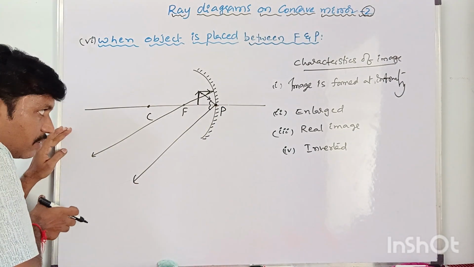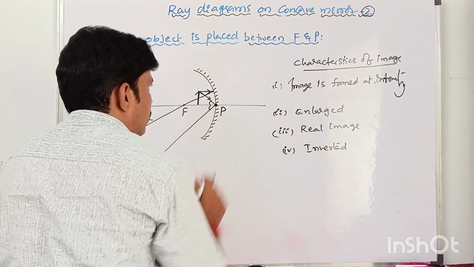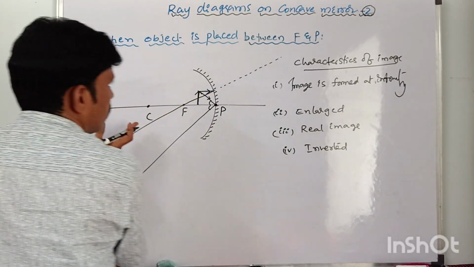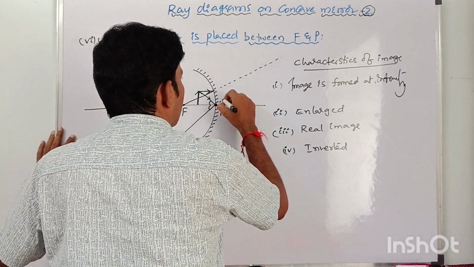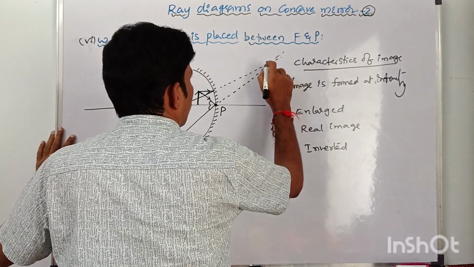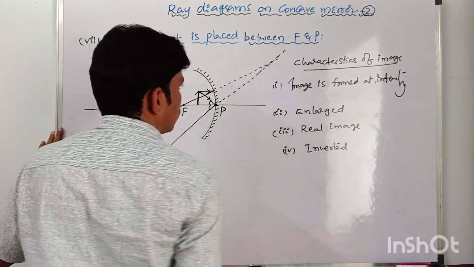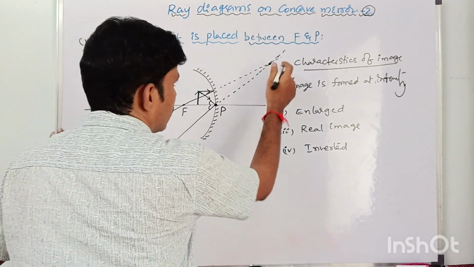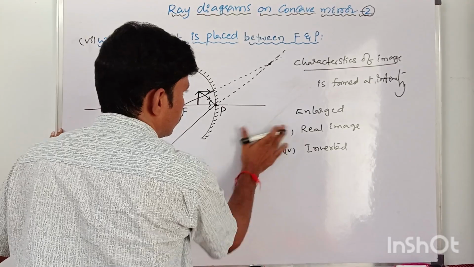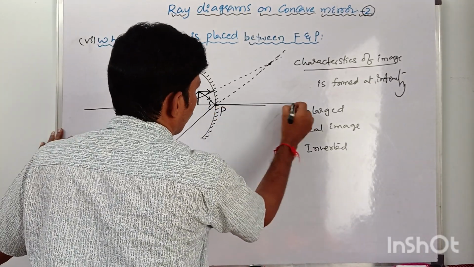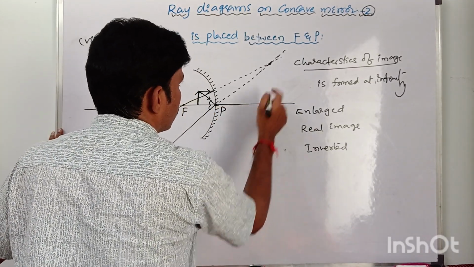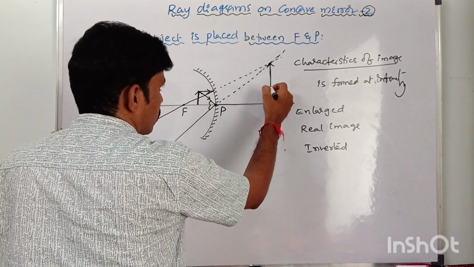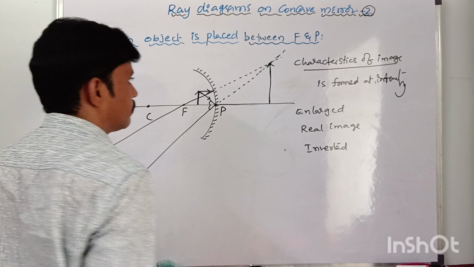But if you extend them backward, using the scale, like this, they meet here. That's why the image is formed here, from the top of the object to the top of the image, like this.